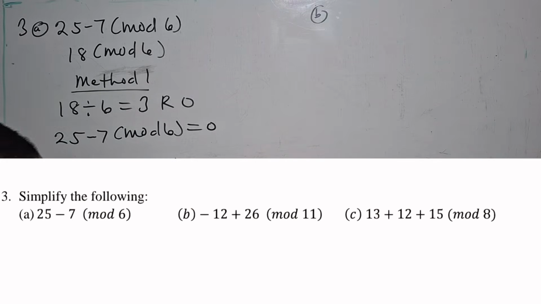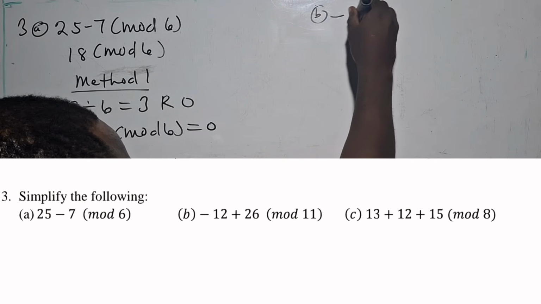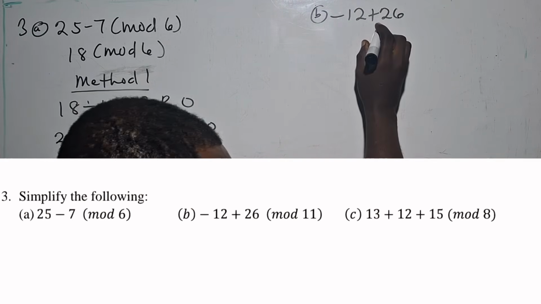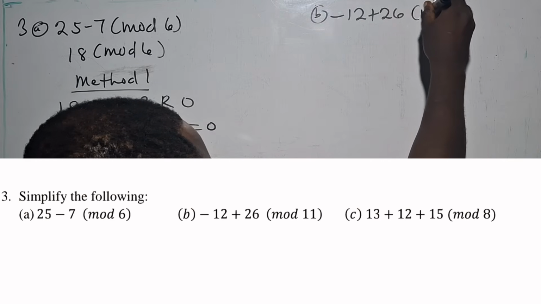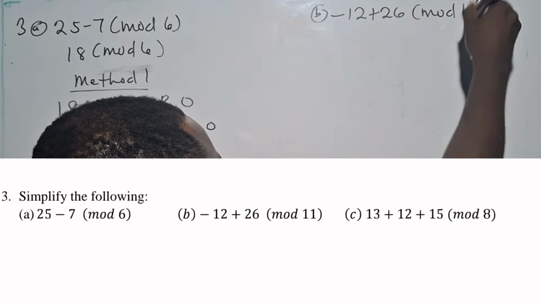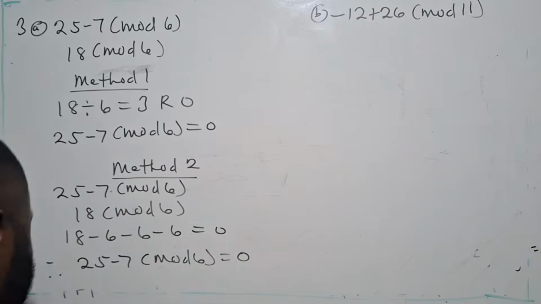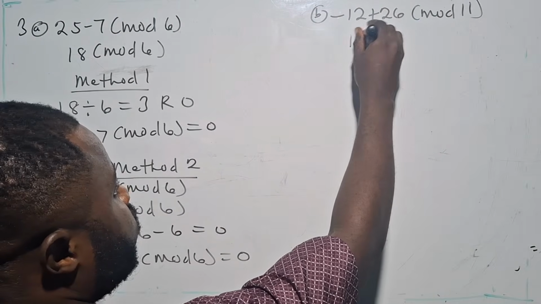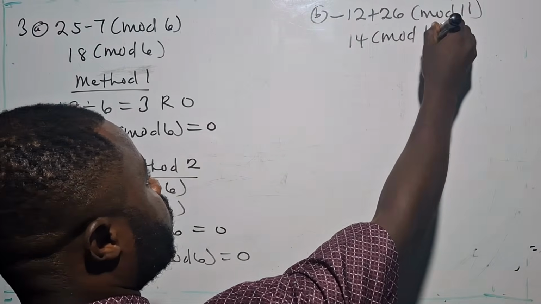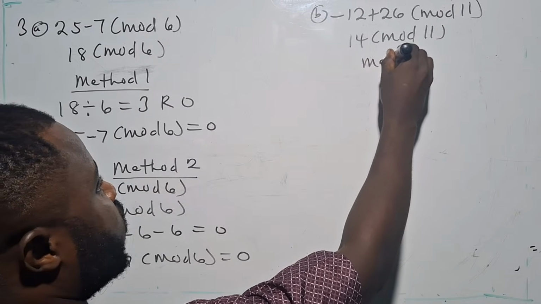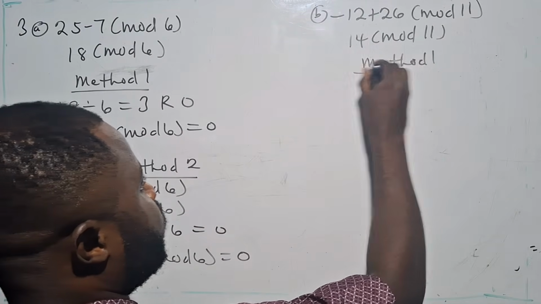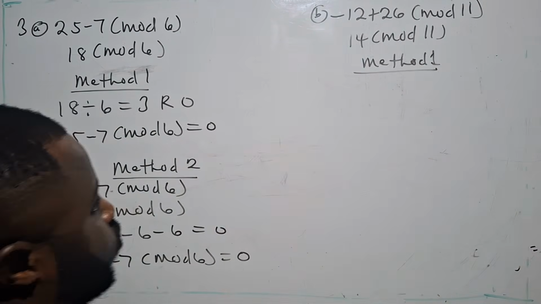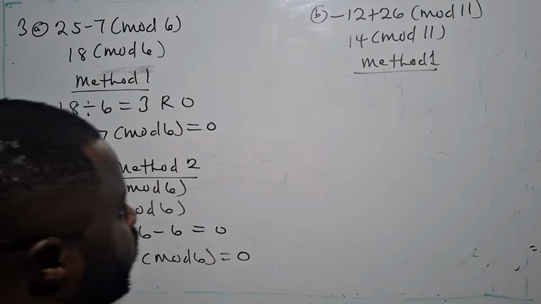The B says what? Negative 12 plus 26 mod 11. So negative 12 plus 26 will give us 14 mod 11. So method 1. Yes, I'm still proceeding to solve because 14 is still bigger than the 11.